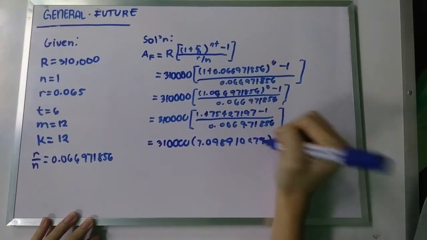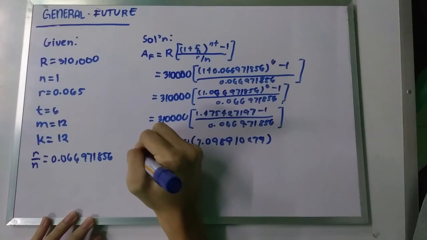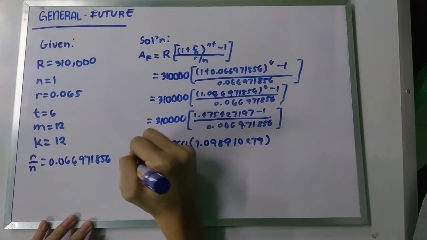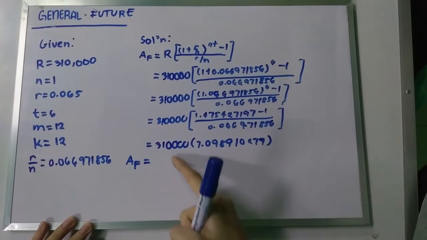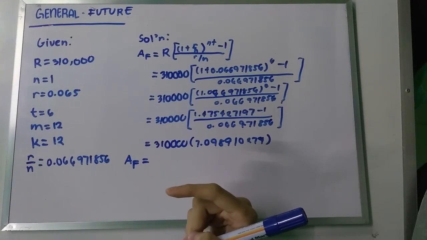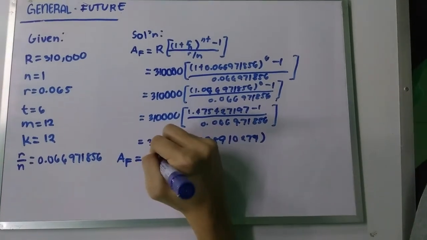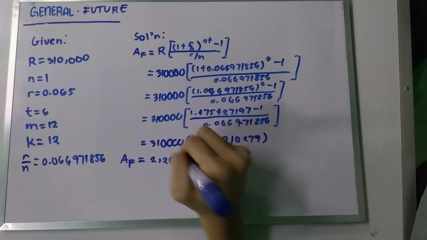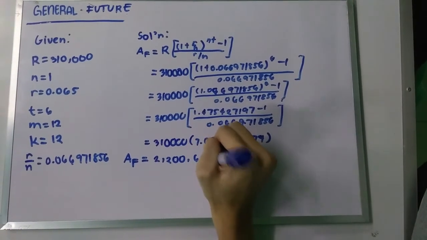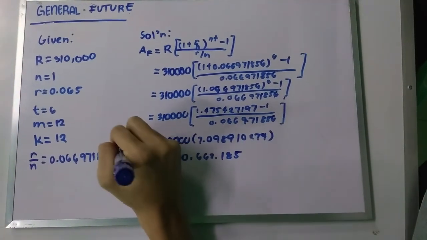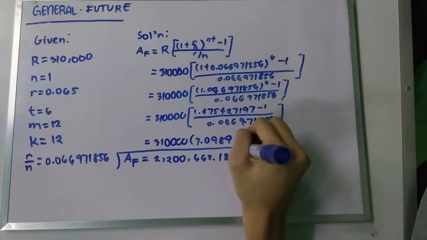Now that we have solved the values in the bracket, the remaining step is to multiply that to our effective rate of interest, which is 310,000. The result is 2,200,662.185. That is our answer for this example.